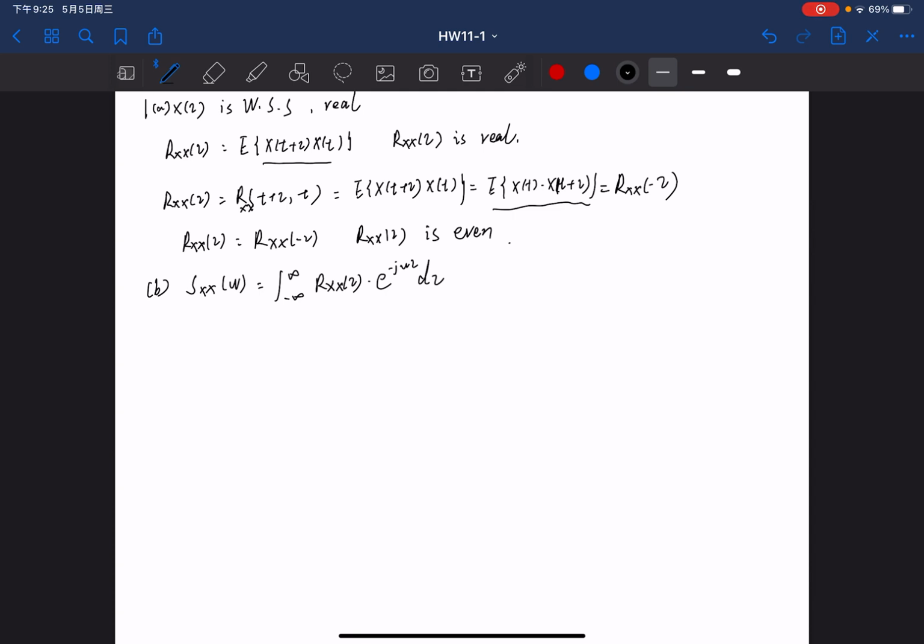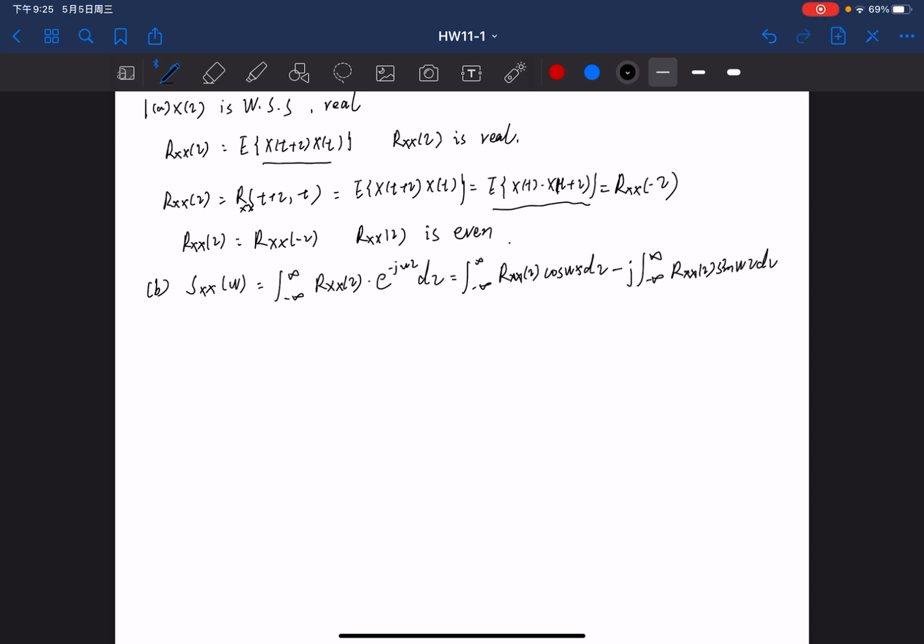And then we can split it into two parts. The first part is the integral from negative infinity to infinity of R_xx(tau) multiplied by cosine omega tau d tau, and minus j multiplied by the integral from negative infinity to infinity of R_xx(tau) multiplied by sin omega tau d tau.